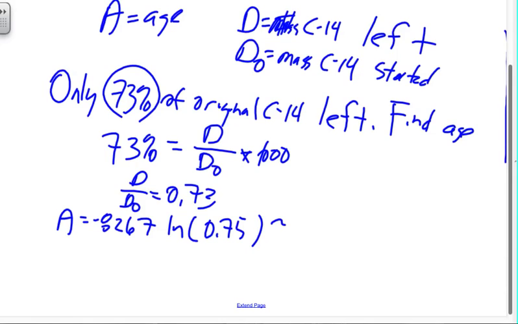And when you plug this in your calculator, you end up with about 2,602 years. So there's the first part of logarithms.